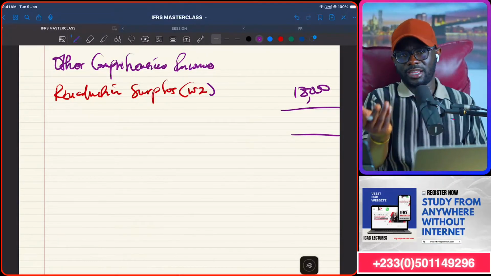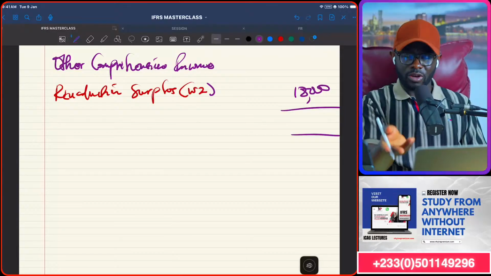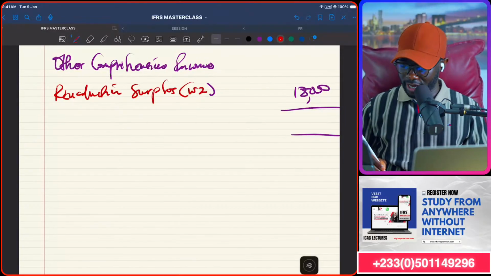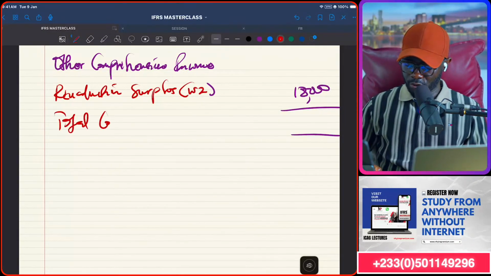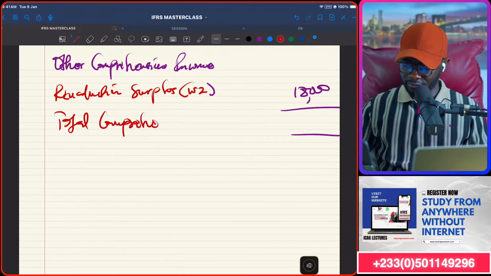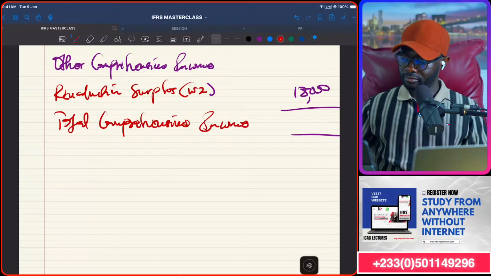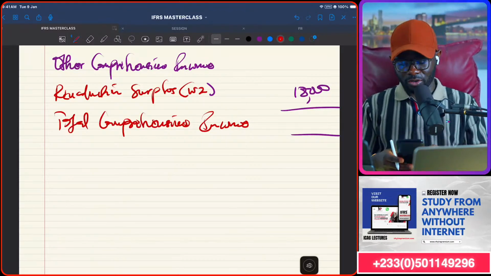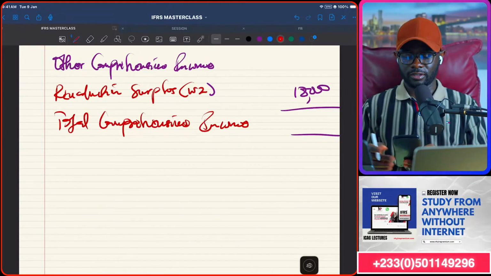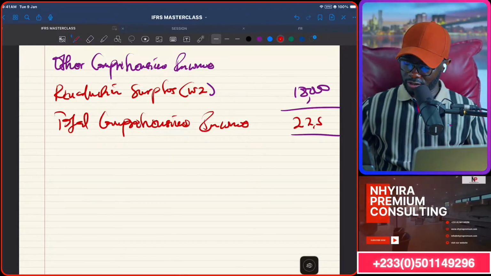But in this question, they didn't say we should, and the question is also quiet, so we can decide to ignore. So we get a total comprehensive income. It will be added to the 4,500, and that's 22,500.